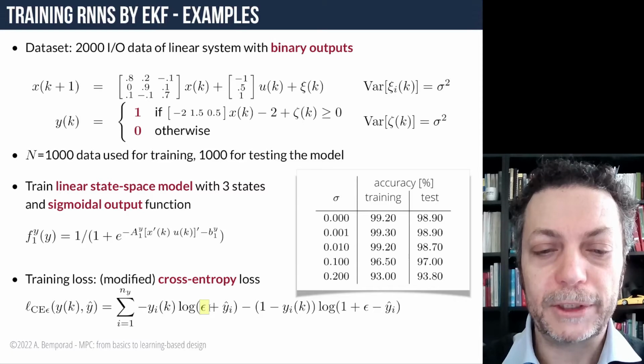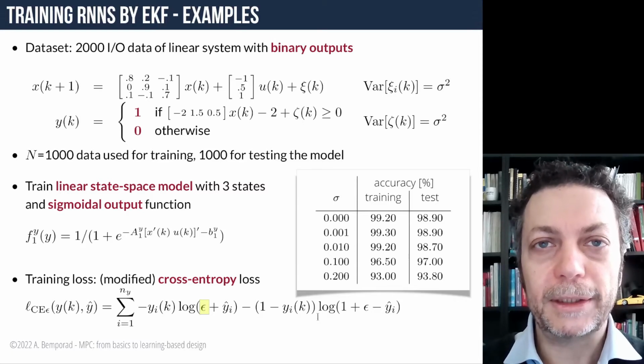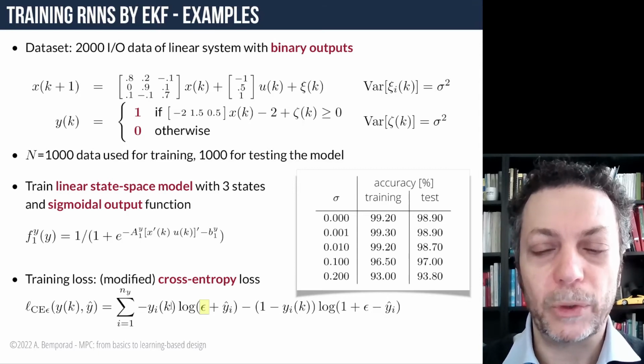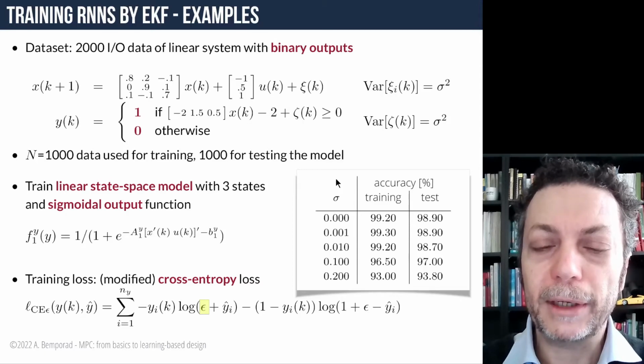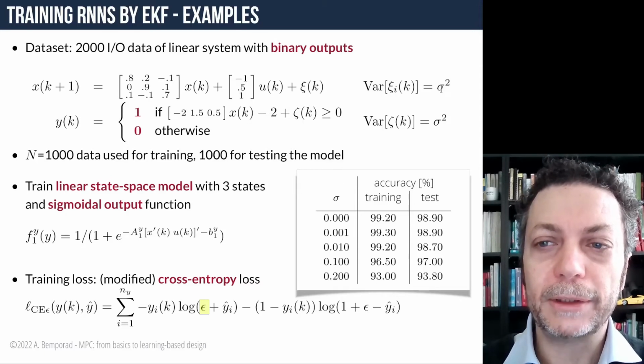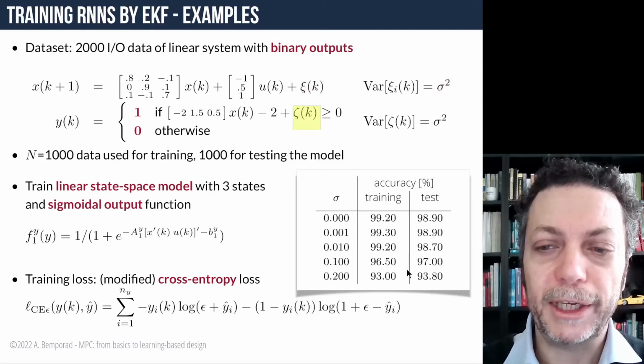I have introduced some positive epsilon so that the quadratic approximation of the loss is well defined. And if you run the approach with different values of the noise signal that enters the state update and the output equation, you could see the behavior of the algorithm.